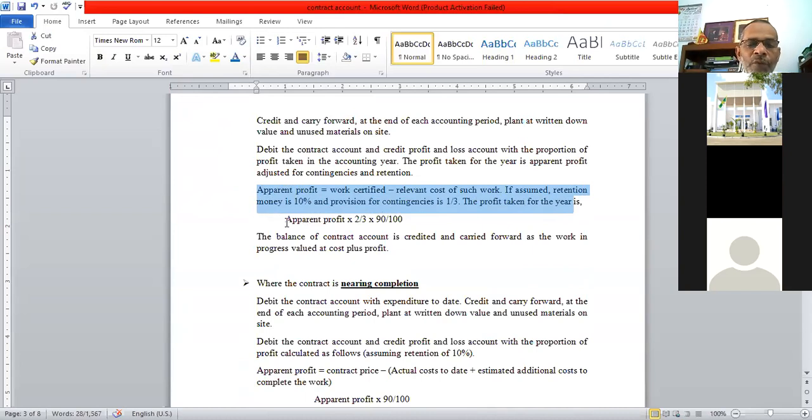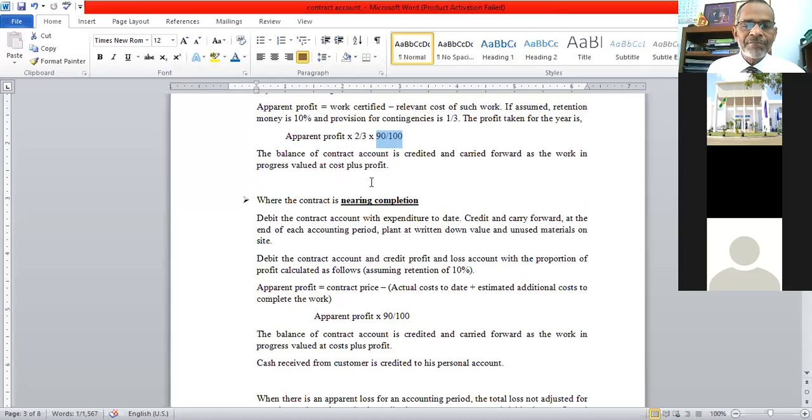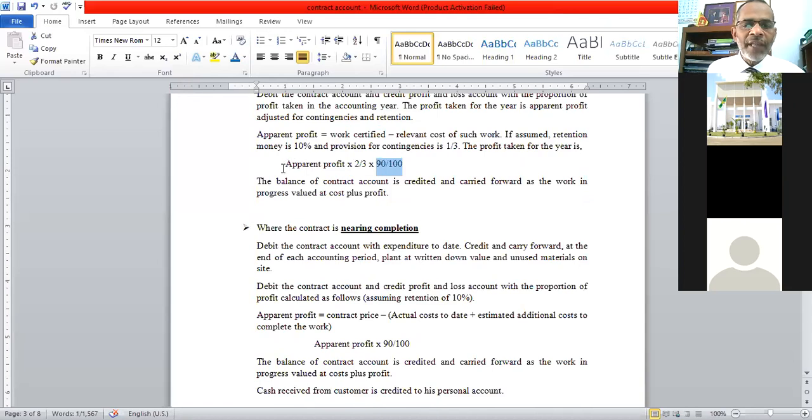Actual profit is equivalent to apparent profit multiplied by 2/3 multiplied by 90 over 100. If the person has given the entire 50 million, there is no retention. If the person is having a retention, any particular percentage would be recorded for the retention, multiplied by 90%. Okay, understood now? This is the part I have explained to you using a whiteboard.